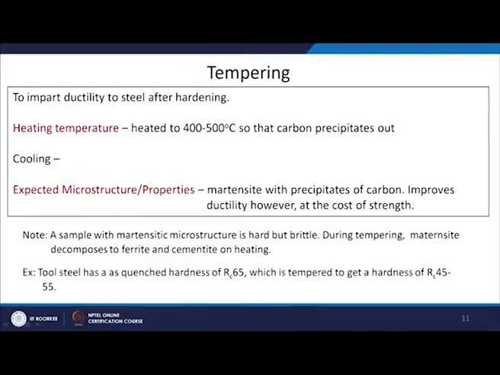So, to impart some ductility to steel after hardening, we do heating at around 400 to 500 degrees Celsius, so that carbon precipitates out. As I told you, martensite is a metastable phase. If I take it to a little higher temperature, it will dissociate into two stable phases, which are ferrite and cementite.